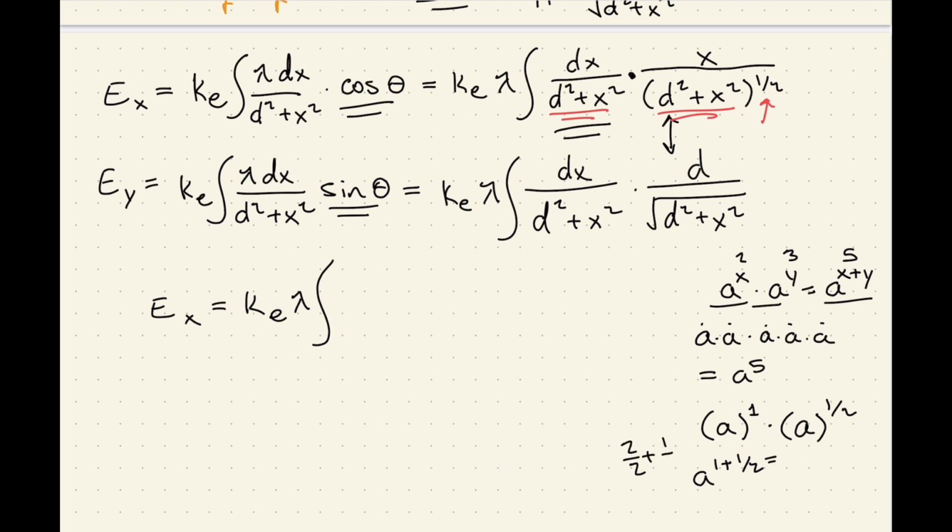When you add that to 1/2, the denominator stays the same, and 2 plus 1 is 3. So 3 over 2. I hope that made sense. In the numerator, we have x times dx, because we have x over here, we have dx over here. In the denominator, what we have is the whole thing, d squared plus x squared, close brackets, 3 over 2.